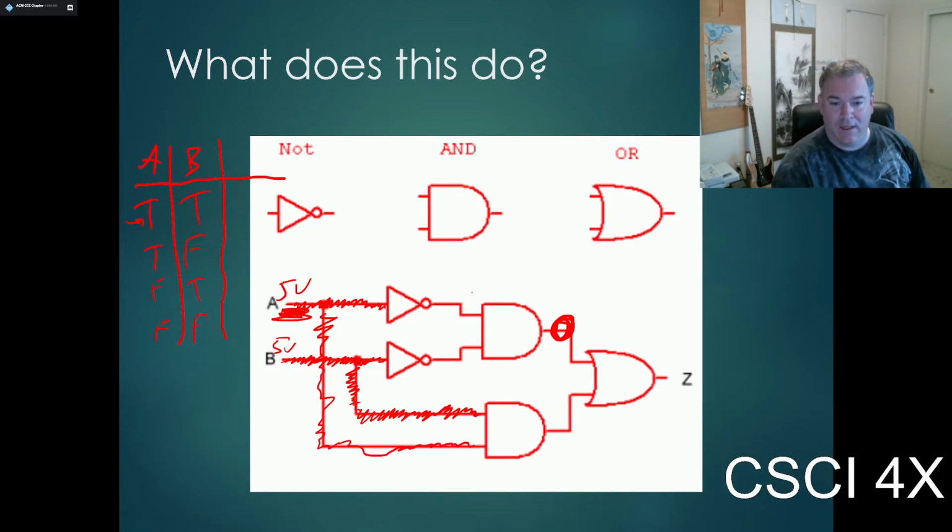How many volts are going to be after a NOT? If we got 5 volts on this wire, how many volts are coming out of this NOT here? We got 5 volts on the input to a NOT. How many volts are coming out of the NOT?